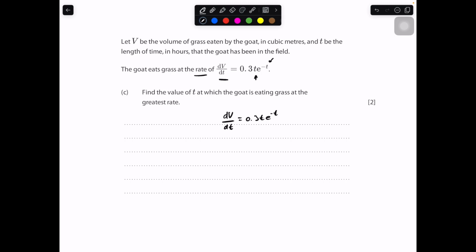And you know what, actually, I was thinking we can take the derivative of the derivative, but let's just sketch this and find out where it has a maximum. I think that's going to be a lot easier. So let's go into the calculator screen.